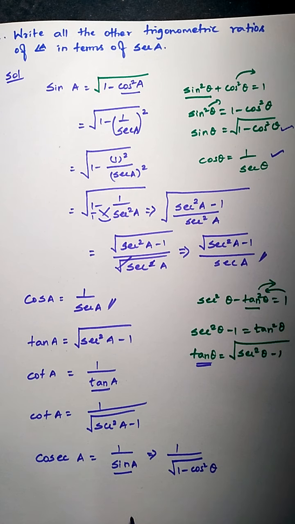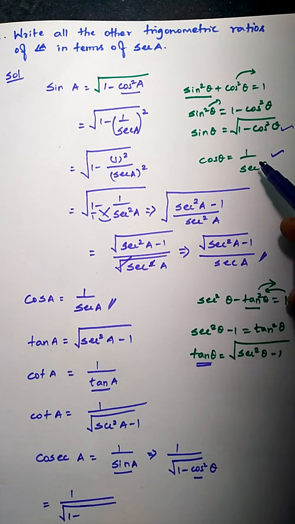Now for cos reciprocal we know we have written 1 by secant. So instead of cos you can apply 1 by secant A. Square is there, let's take the square. So now you got the answer in secant.